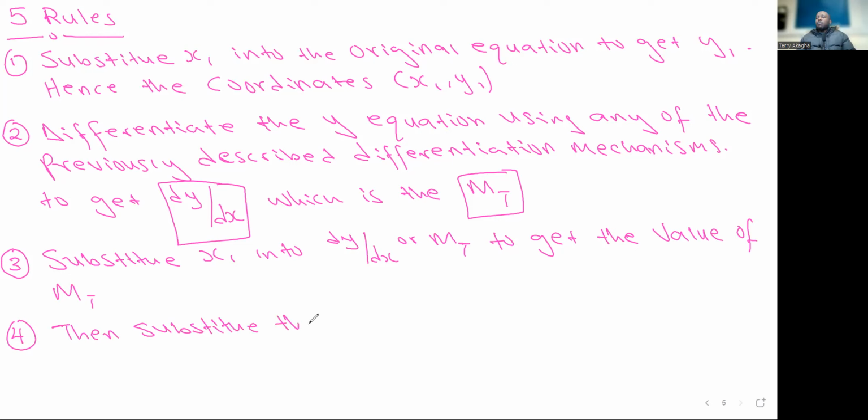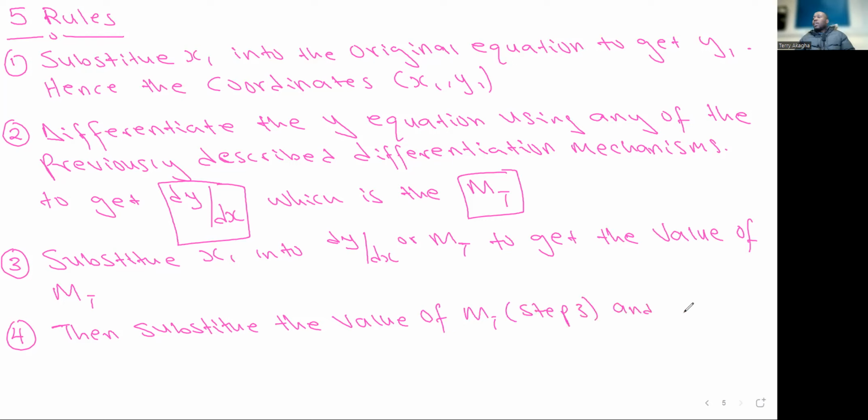So the value of mt is from step 3, and we got the coordinates from step 1. So you now substitute these into the line equation.